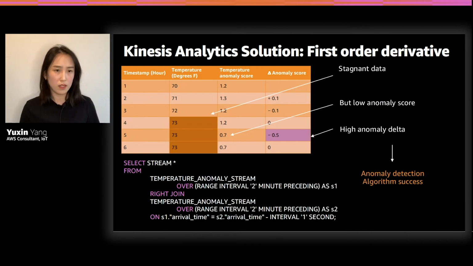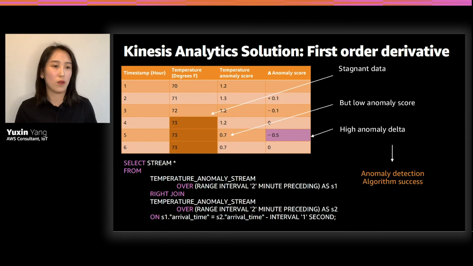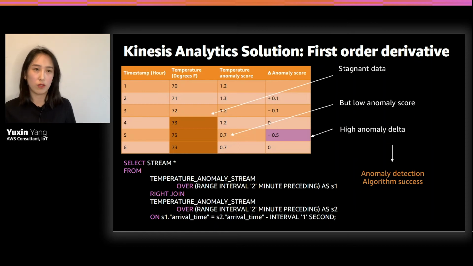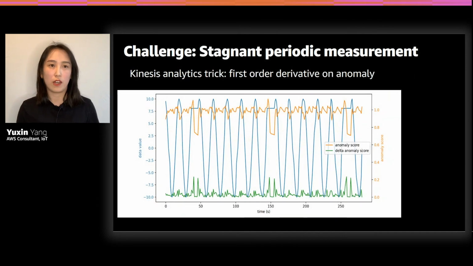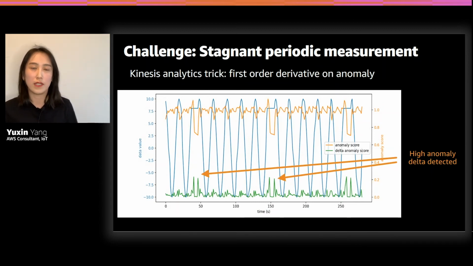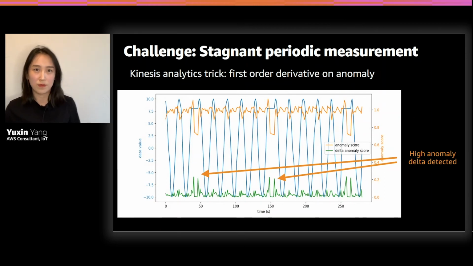And this algorithm is also very easy to implement in Kinesis Analytics by only these few lines on your data stream. As a result, in the green line, you can see the absolute value of the delta of the anomaly score. Together with the dip of the orange line, which is the actual anomaly score, you can set a threshold on the absolute value of the delta of the anomaly score to detect and send an alert to your site manager if any anomaly is detected.